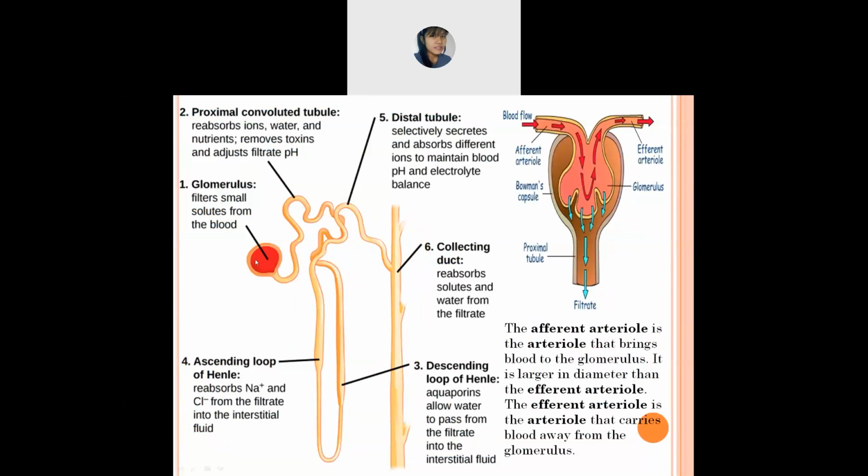Then proximal tubule. Then what? Loop of Henle, ascending loop of Henle, distal tubule, collecting duct. Okay, where does filtration of blood occur? In which part? Descending loop of Henle. Are you sure?